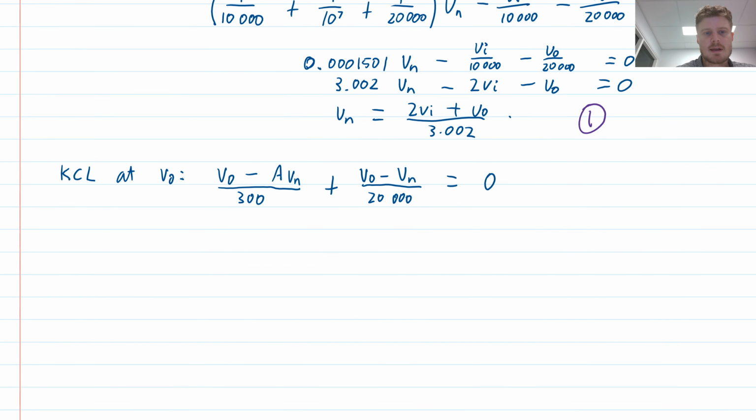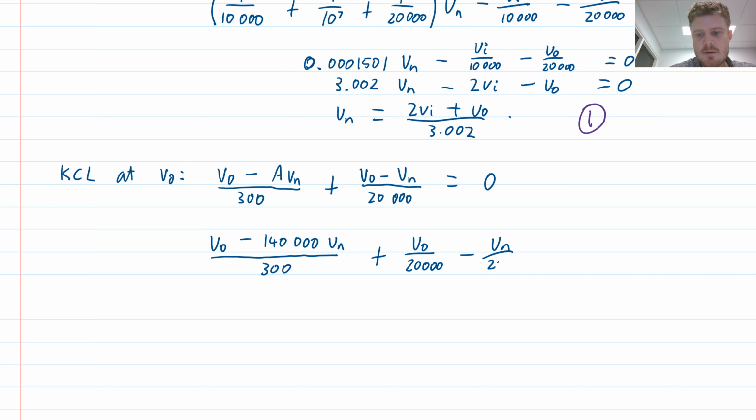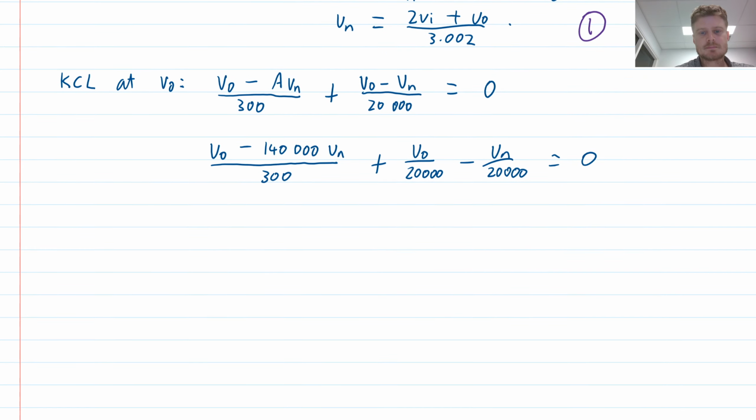So let's write that: V0 minus 140,000 times Vn divided by 300, plus V0 over 20,000 minus Vn over 20,000 is equal to 0.